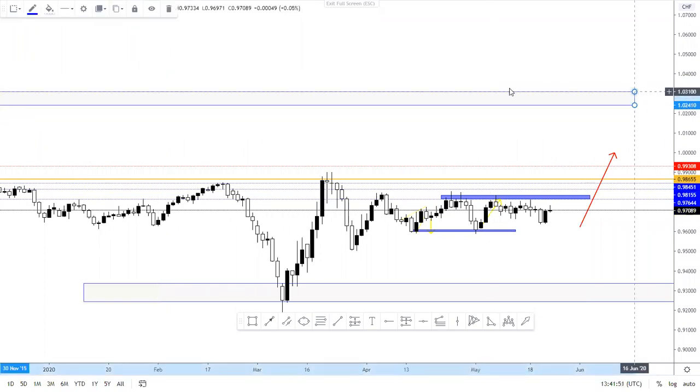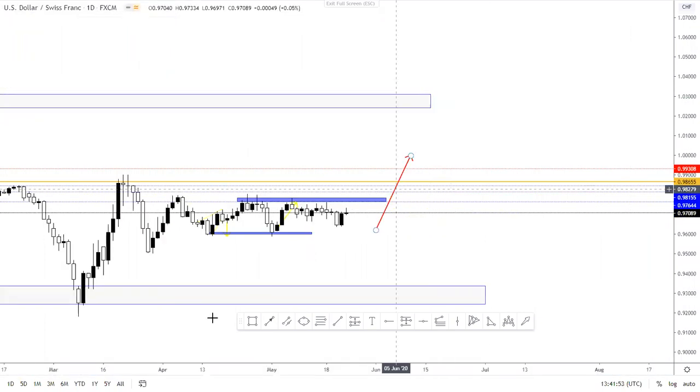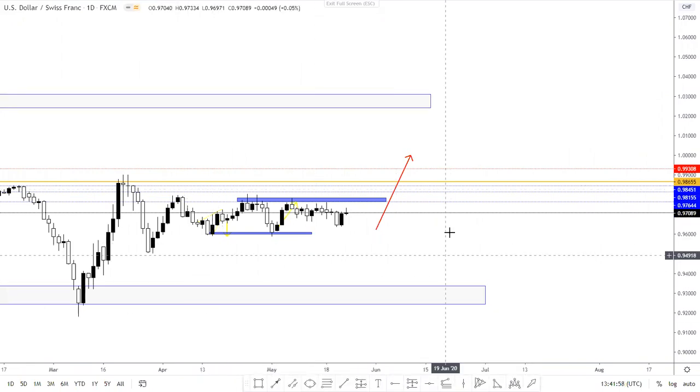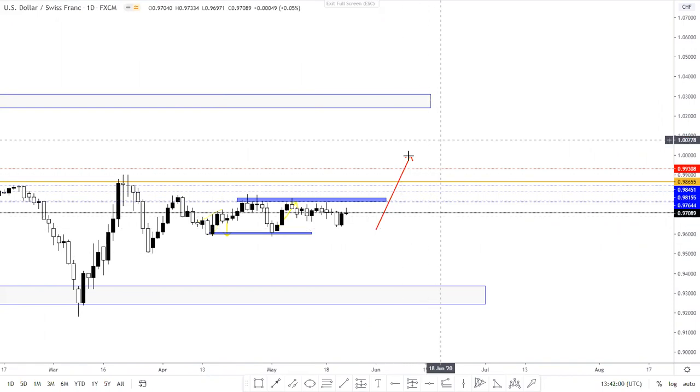So all the way here. Guys, based off the CFT numbers, and given that the bias for this is bullish, it's supposed to move up and test this zone.